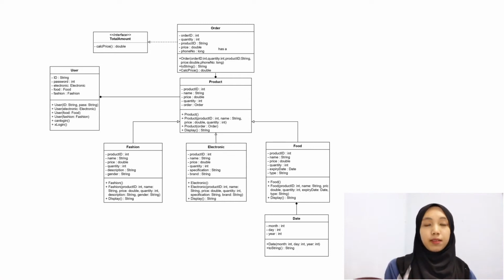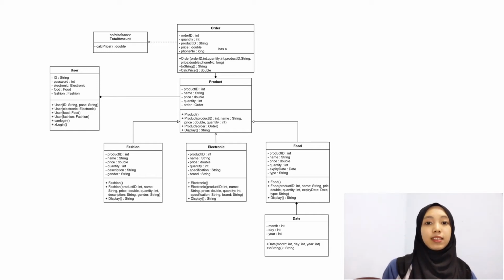Okay, next I will present the problem solution of our system. The first one is that users can observe their stock and orders from customers in the product and order classes rather than using Microsoft Excel. The second one is based on our UML diagram. There are food, fashion and electronic classes for each stock management. It also saves more time. The total amount interface in our UML diagram can be used to calculate the payment of our customer.